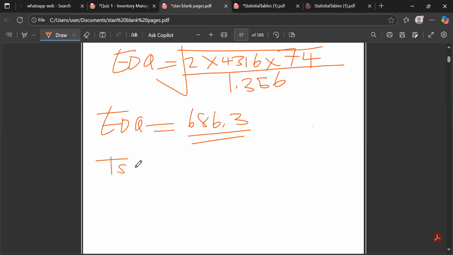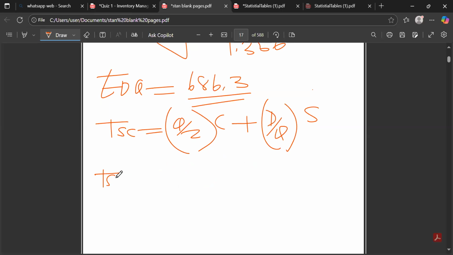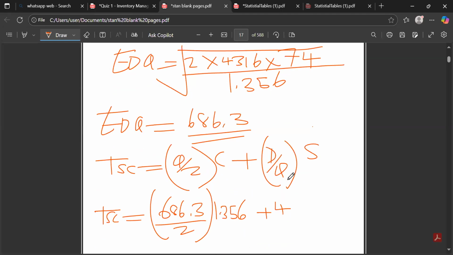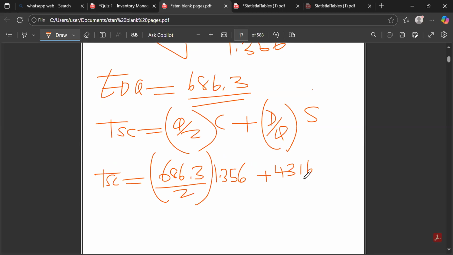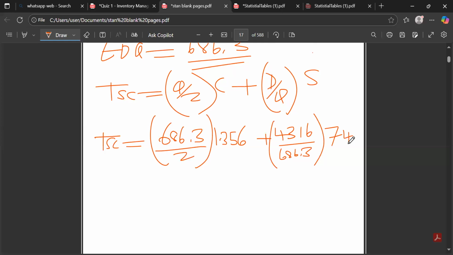Okay, so total stocking cost will be Q over 2 by C plus D over Q by S. So total stocking cost in this case would be 686.3 over 2 by 1.356 plus 4316 over 686.3 by 74.